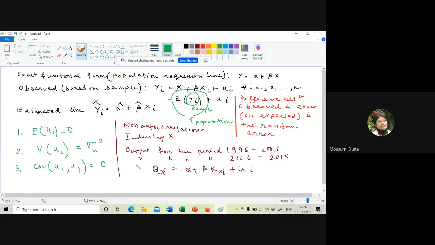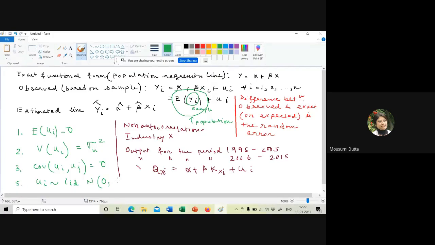So the assumption is written as u, this is assumption number 5. Independently and identically distributed normally with, now what is the expectation of ui? 0.